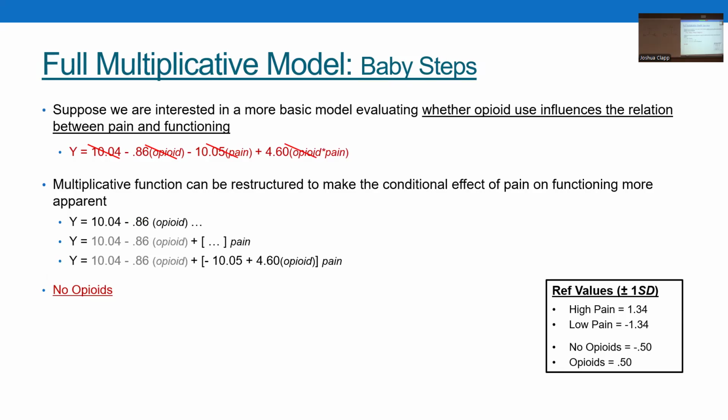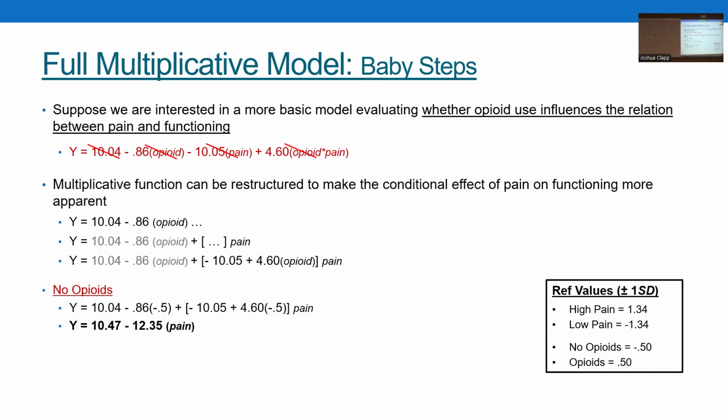So if I'm looking at people who are not using opiates, what I'm going to do is take my equation and plug in my value for people who aren't using opiates. So I've got negative 0.5 plugged in here. And what I get in my simple slopes equation, when I run this out and add this up, is 10.47 minus 12.35 for whatever level of pain I have in there.